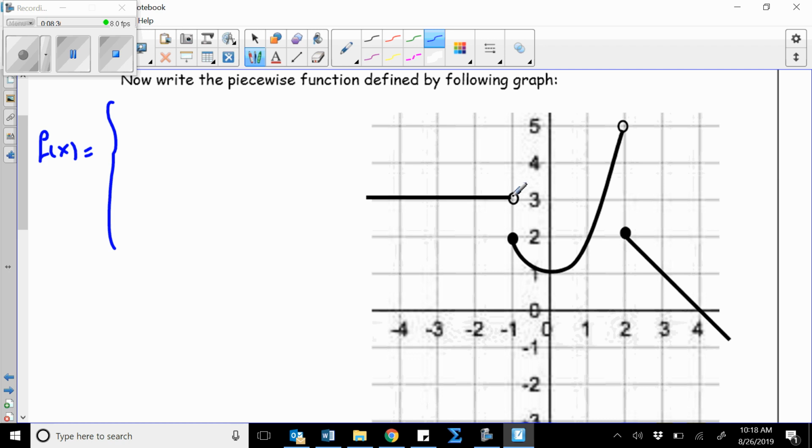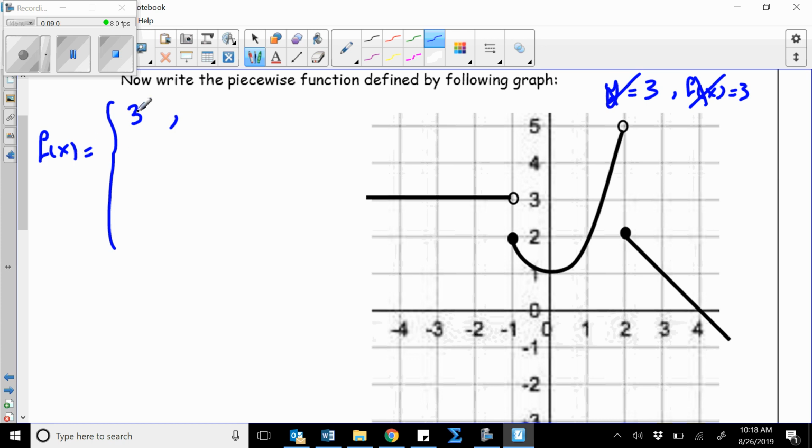By looking at the graph, we can say this is a constant function, and it's y equal to something, and that's 3. So my equation should be like y equal to 3 or f of x equal to 3, but I don't need to write the left side because the left side is already written here. So I'm just going to write the right side of that, 3.